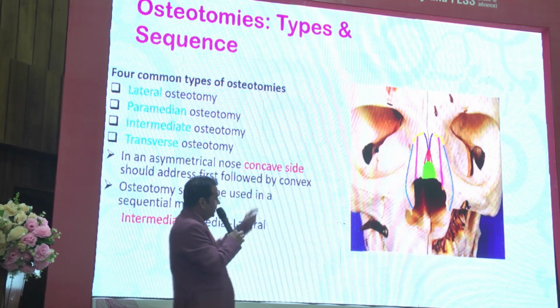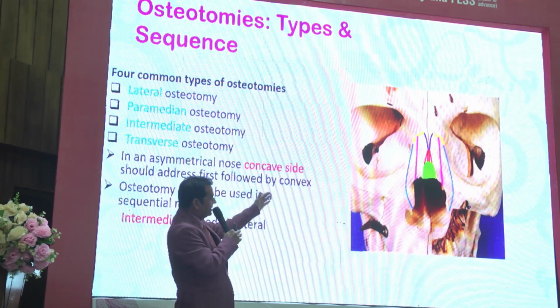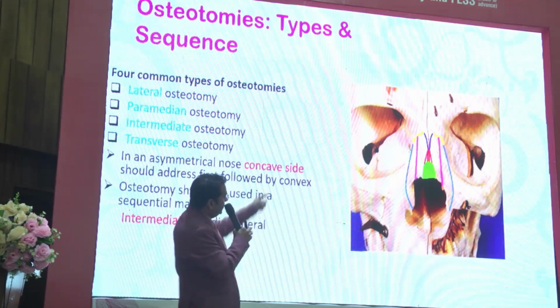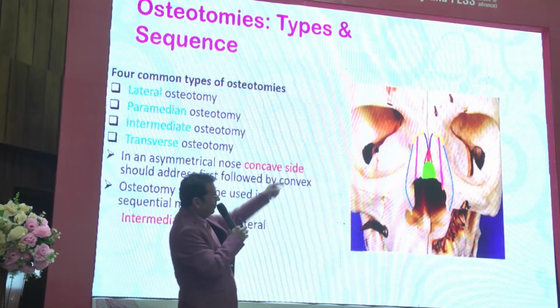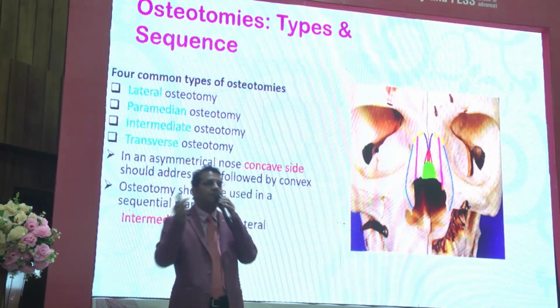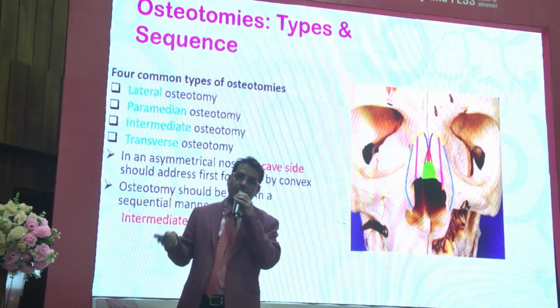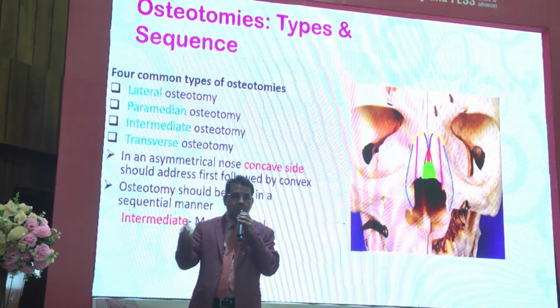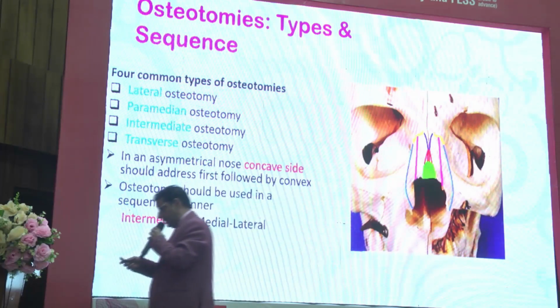If you deal between the topmost and bottom of this lateral nasal wall, that is the intermediate osteotomy. And if you deal with the transverse, this yellow part, that is the transverse or root osteotomy. These are the different types of osteotomies we usually use in rhinoplasty, but where, which, and how we use them is the important thing.